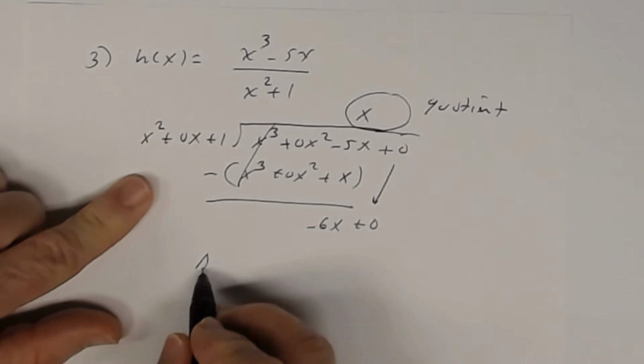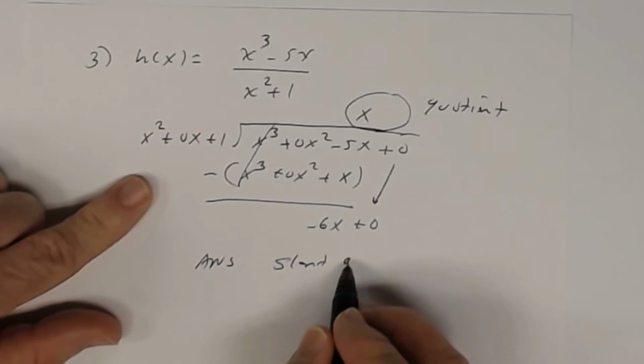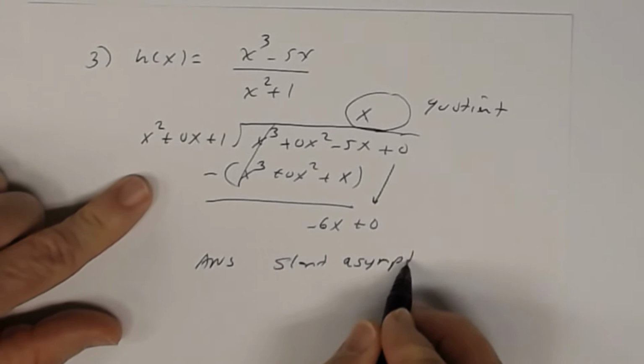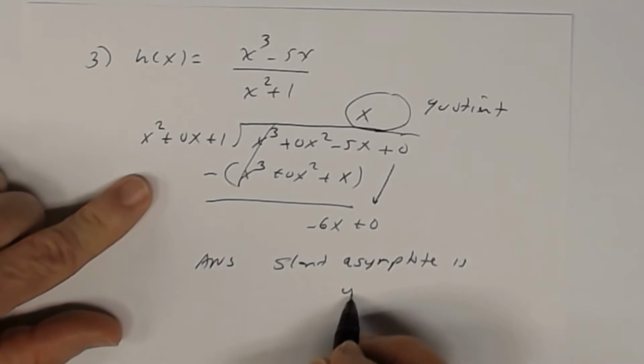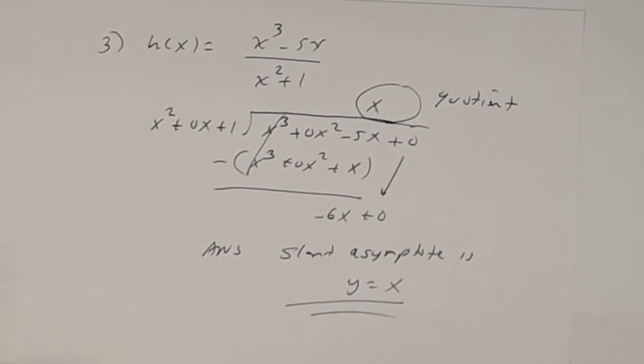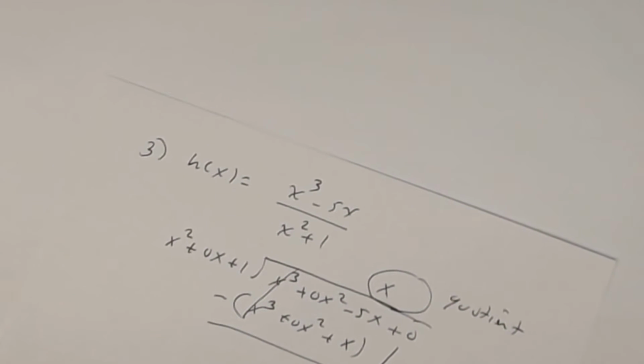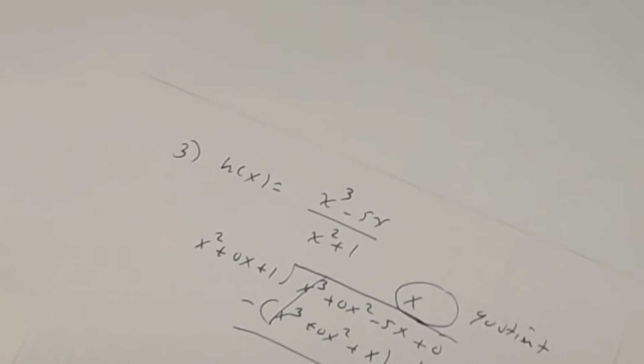The answer, my slant asymptote or oblique asymptote, is y equals x. And that's it. Very simple. It is not a difficult process.